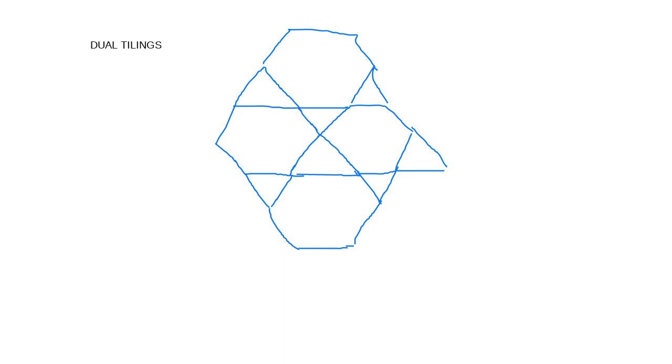So the way that the dual tiling works, and by the way, I'll just put here 3, 6, 3, 6, 3, 6, 3, 6, just a pretty horrendous looking version of it, but anyway.